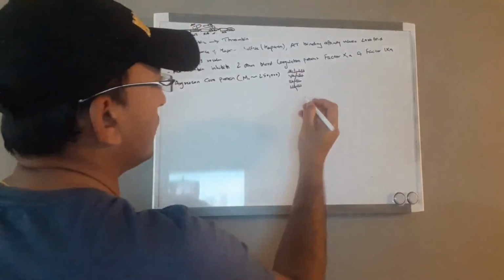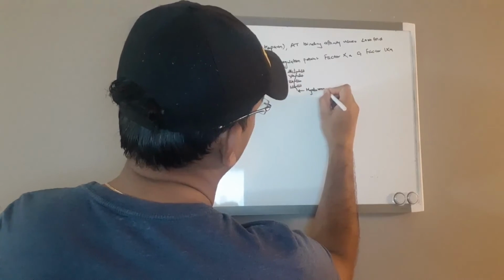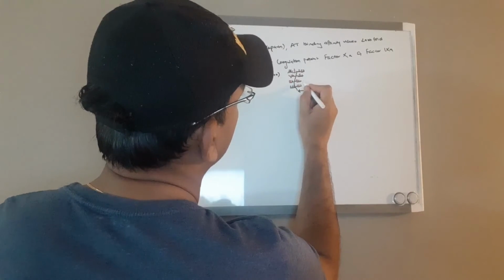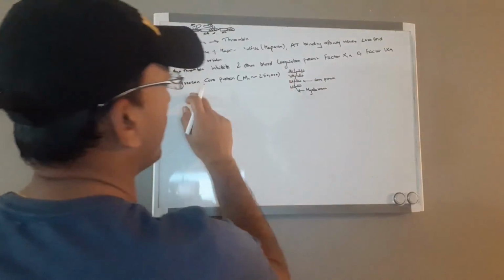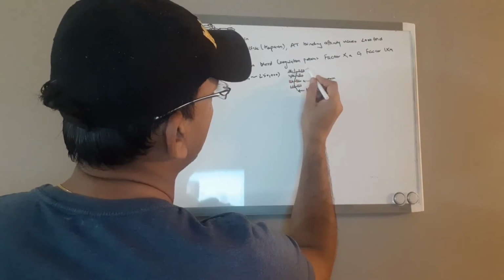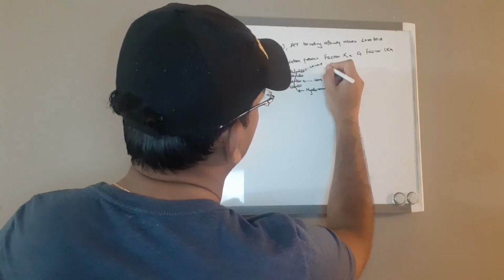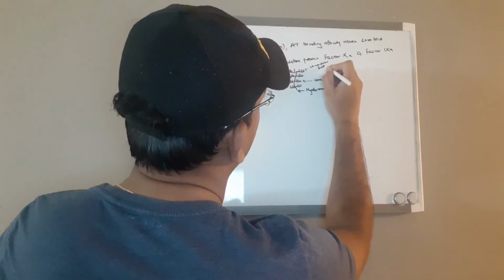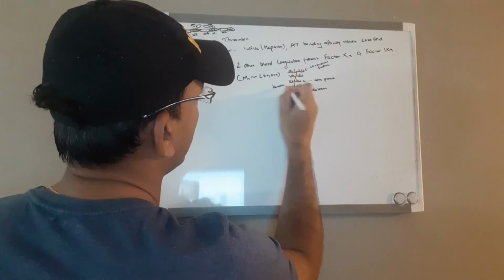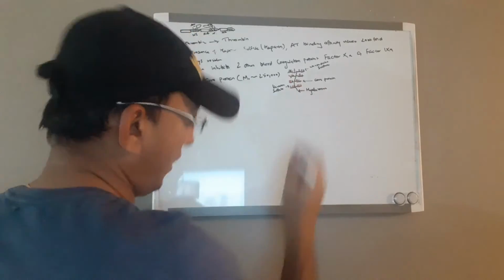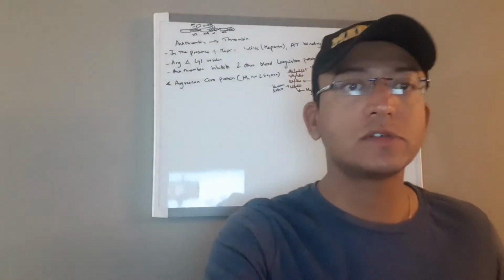All right, so we'll just tag this. This is the core protein, the aggrecan, and the black one is chondroitin sulfate, and this one is keratan sulfate.